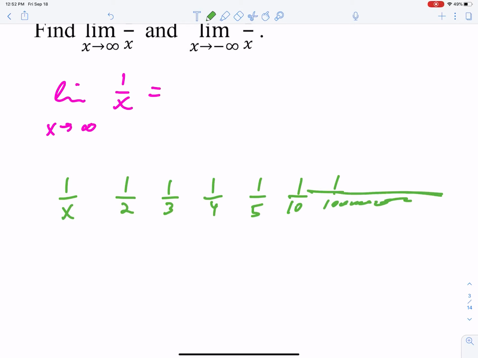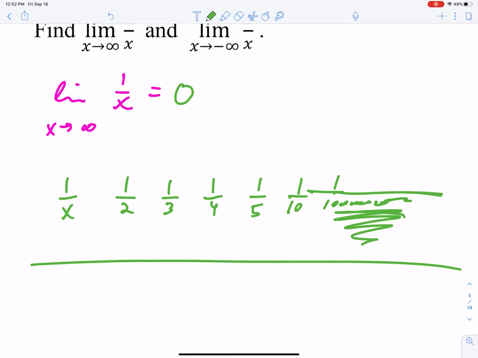What's happening to that fraction? It's getting incredibly small. Since the denominator is going to infinity, the denominator is getting infinitely large. That means the fraction gets infinitely small. In other words, our limit goes to 0. Okay? So that's important there.